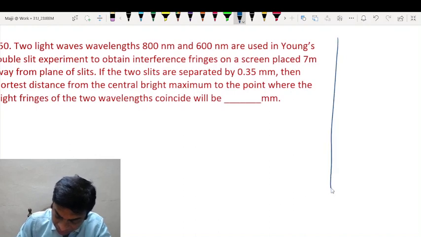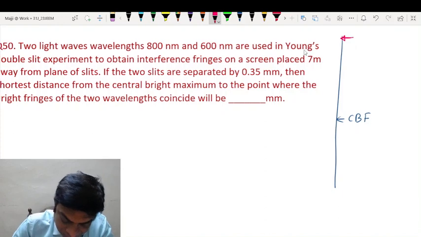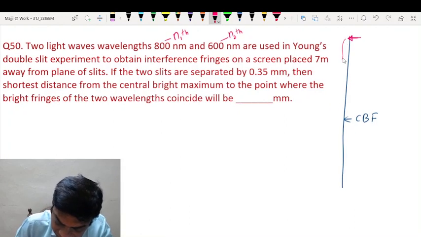So suppose this is the screen. Let us say this is the central bright fringe. Let us say at some point the n1th bright fringe of this coincides with the n2th bright fringe of this. As you can see, this distance will be same for both.